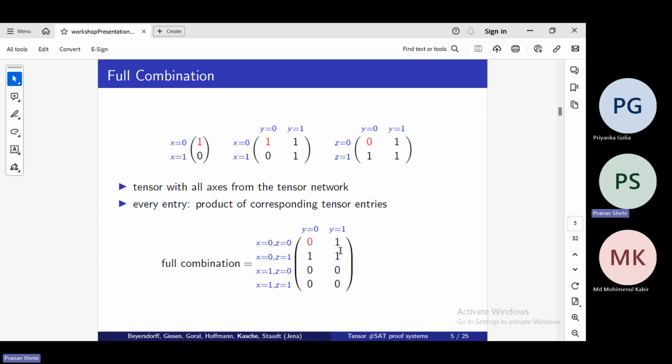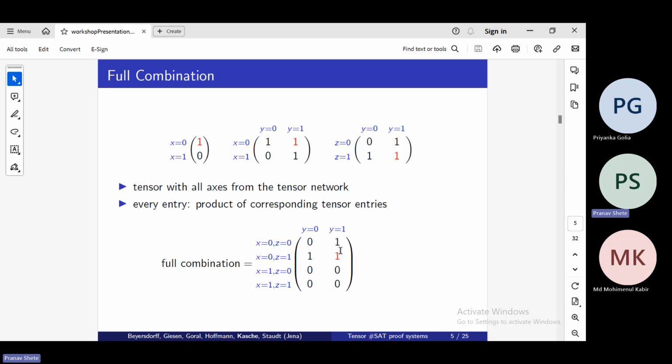So for every location in the new tensor, the new tensor has all the axes from any tensor in the original tensor network. And every location has an entry which is a product of corresponding entries in the original tensors. So for example, here is the entry at X, Y, and Z all equal to 0. And that's the product of those three corresponding entries. So it's 0 in this case.